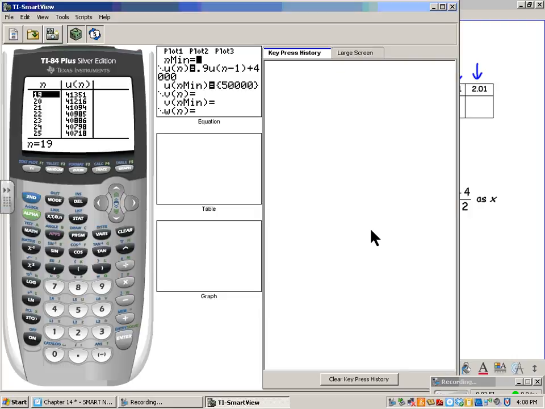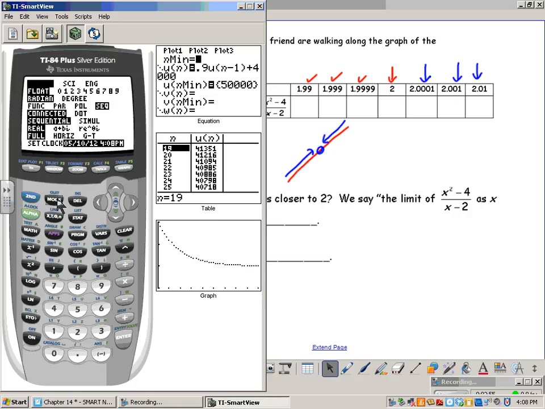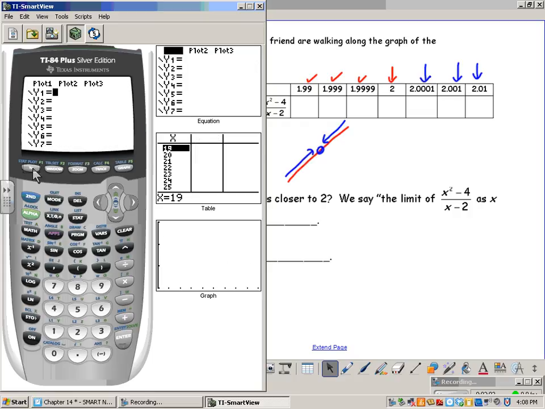Okay, moving a little slow. We're going to go to mode, make sure we are in function mode, and then go to our y equals. Let's put in our equation: parenthesis x squared minus 4, parenthesis, divided by x minus 2. Got to have parentheses there again.